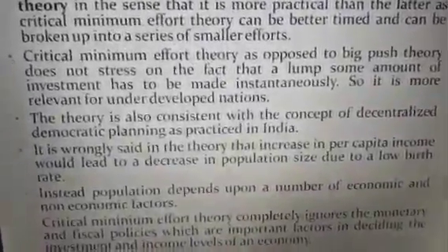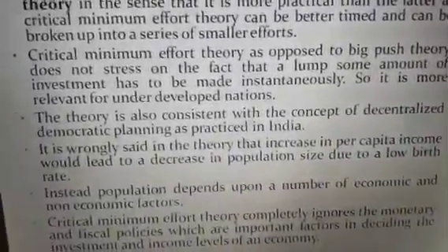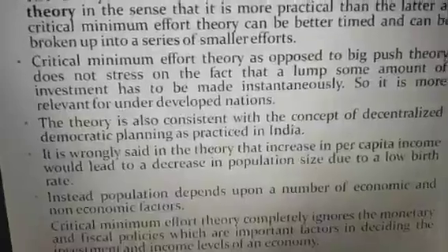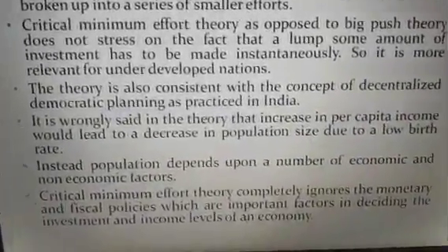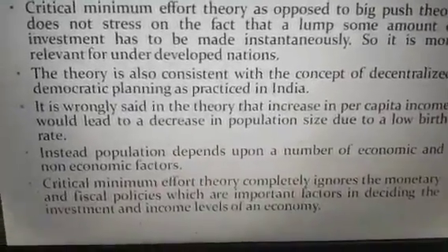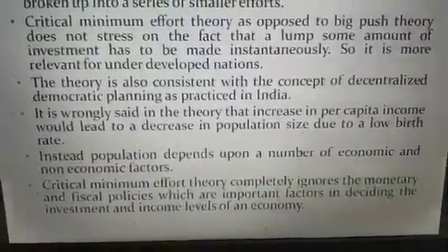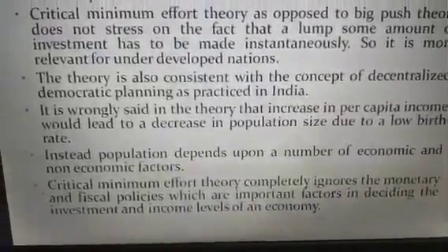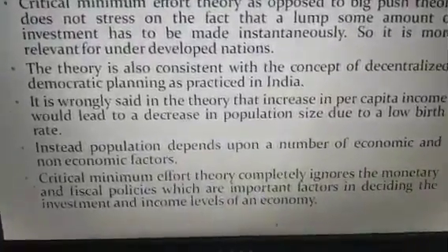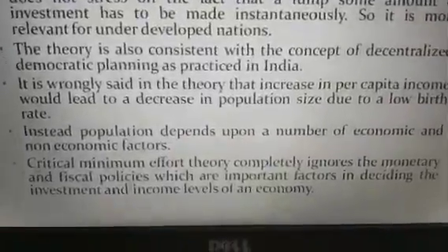A country like India, which is practicing the decentralized economy, because we have a 3-layer democratic system, this theory is very important. And when we criticize the theory, we can say that it is wrongly said in the theory that an increase in per capita income would lead to a decrease in population size due to a low birth rate. So this is criticism.